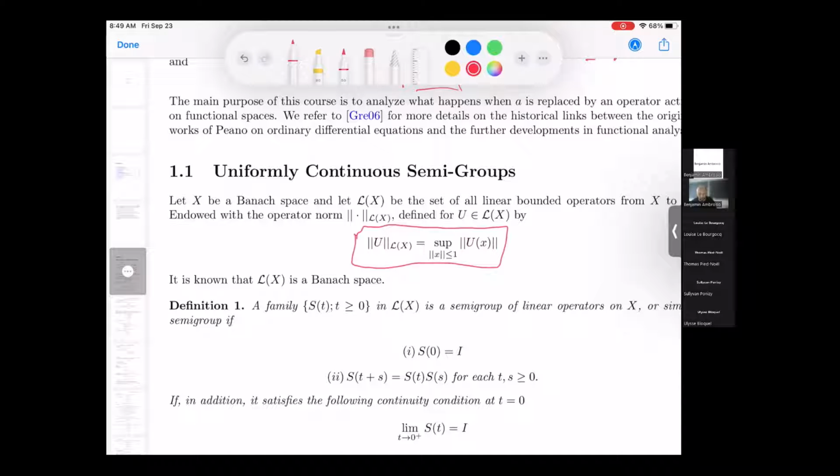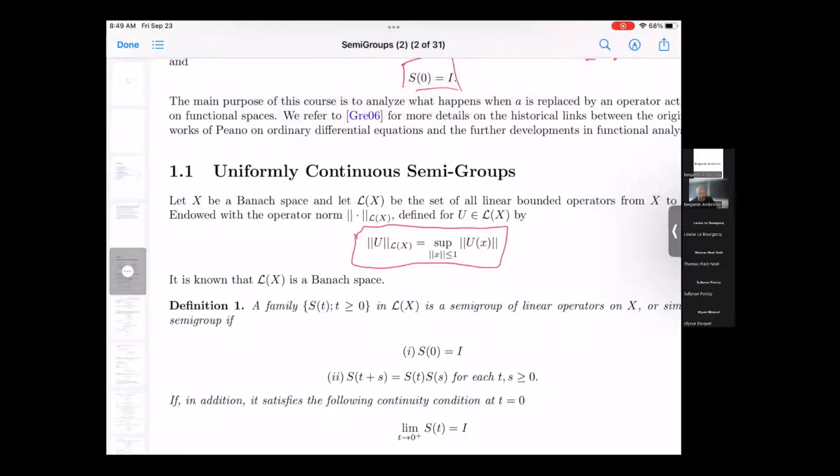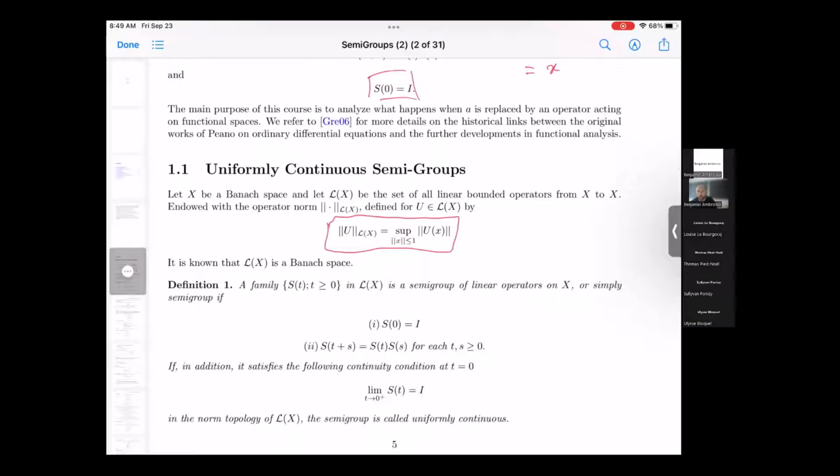Now, that's the definition, which is the title of the course. So it's an important definition. You should know it.